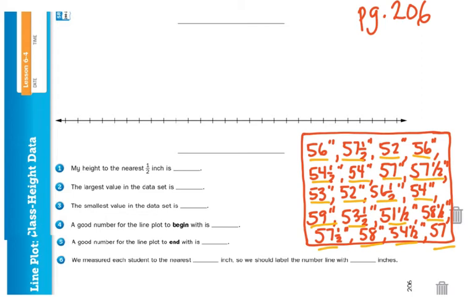So if you want to measure yourself to the nearest half an inch, you have to find a tape measure and have someone help you. So if you want to fill out number 1, you sure can. But what we do need to fill out is the labels for this line plot. So the title would be Height of Fifth Graders.